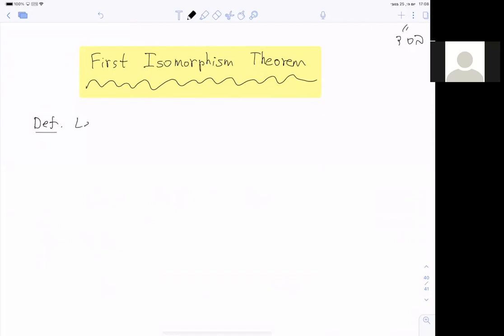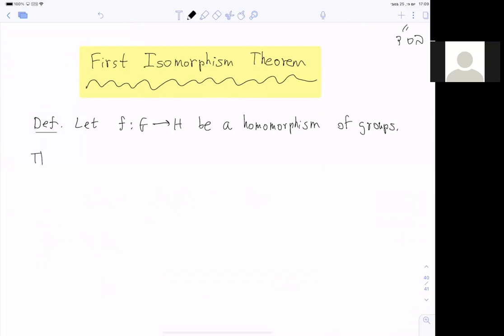Let f from G to H be a homomorphism of groups. I recall that being a homomorphism of groups means that it preserves the operation. I mean, f of xy is f(x) f(y), in the target.